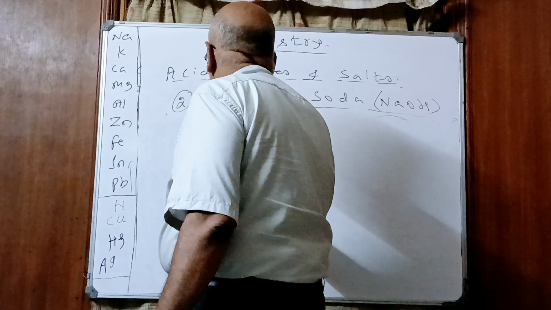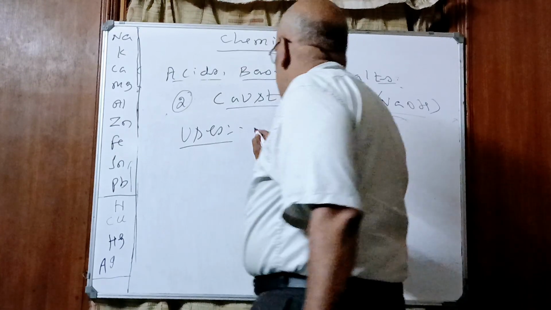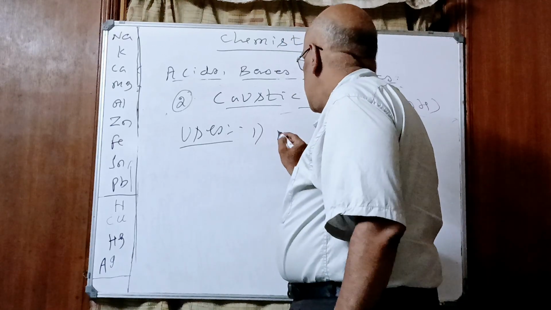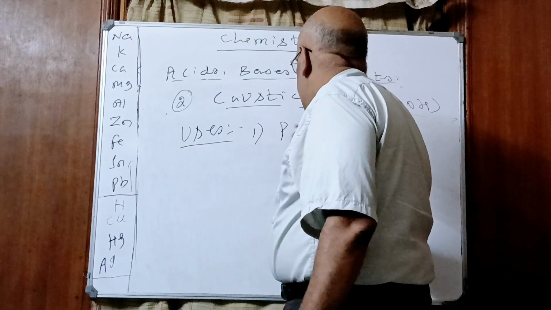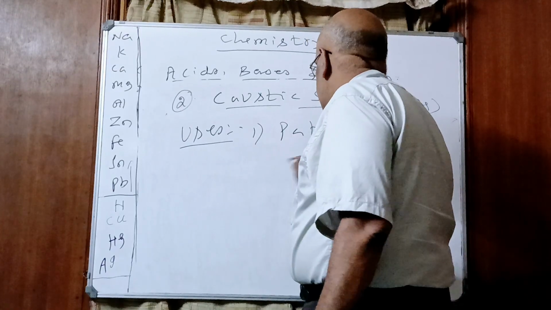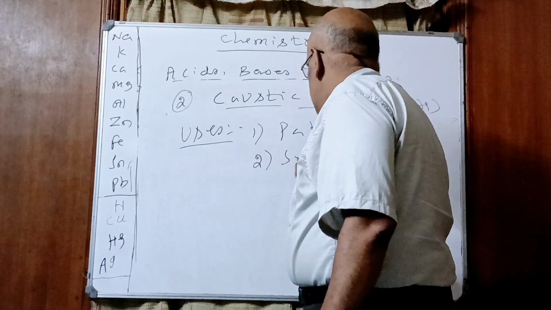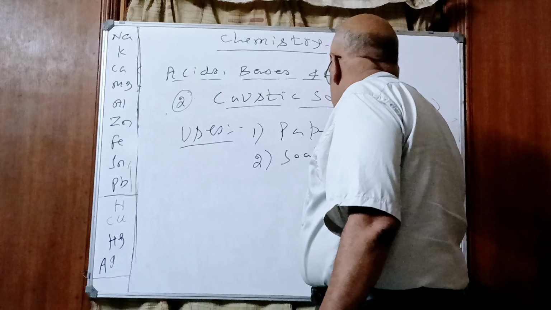Uses of sodium hydroxide. Where is it used, children? It is used in the manufacture of paper. Then it is used in the manufacture of soaps and detergents.